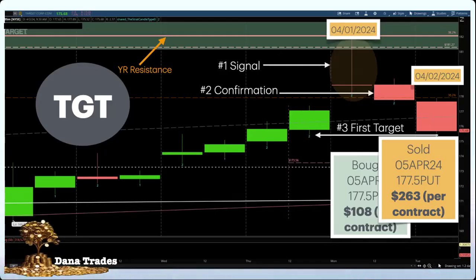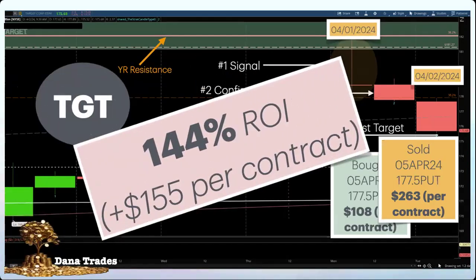$108 was my investment. So my return on investment was approximately $155 per contract, or a 144% return on investment before fees and any applicable taxes. Multiply the return by the number of contracts. For example, an options trader who bought one contract would be in profit $155.